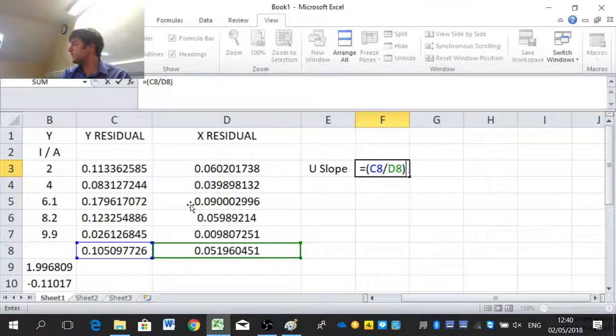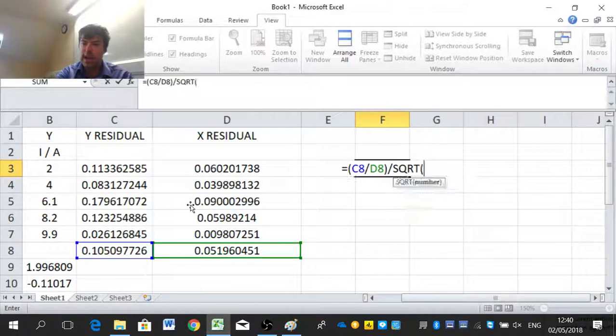And then also, Audrey, what's the last part of the formula? We have to divide by square root n. So divide by SQRT. And what is the n here?